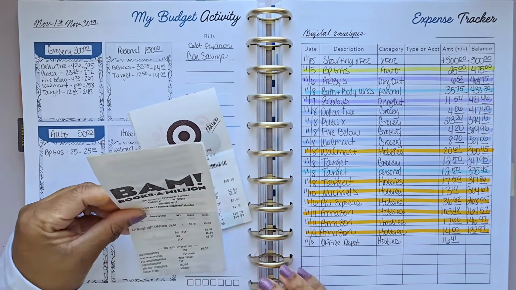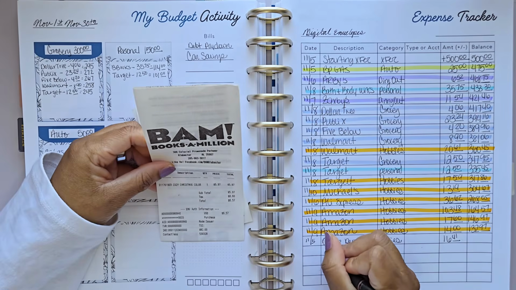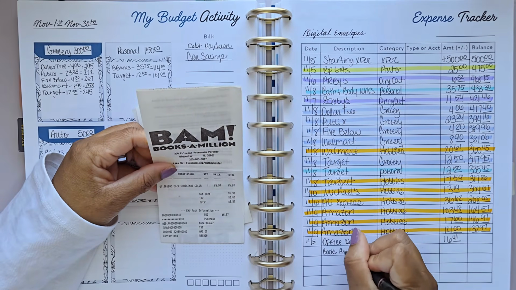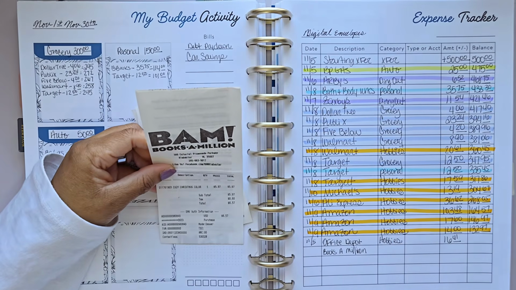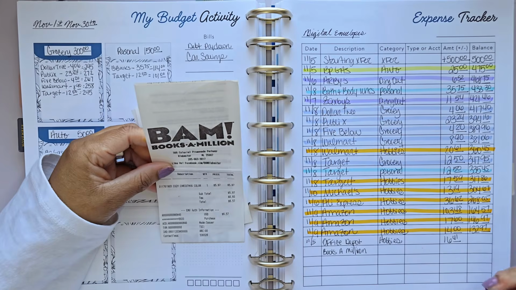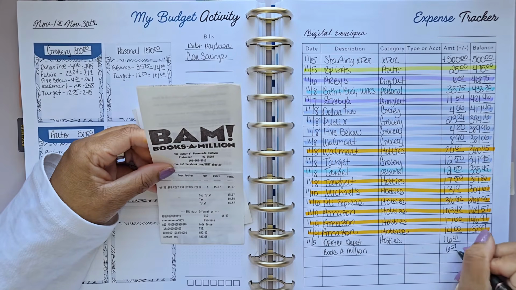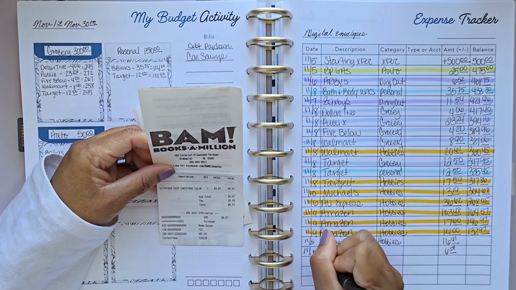I bought some books, an adult coloring book, actually, at Books A Million, and that was $6.57, and that was $11.05.